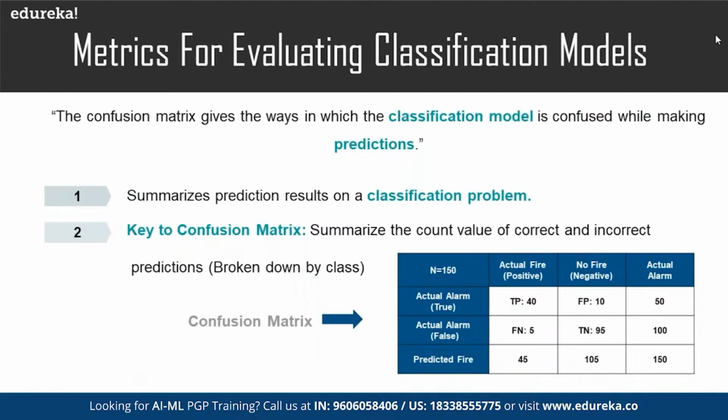When there is no fire, there should be no alarm, right? But what if there is an alarm but there is no fire? That means we trained the system wrongly and evaluated it wrongly, which is why we got such wrong results.